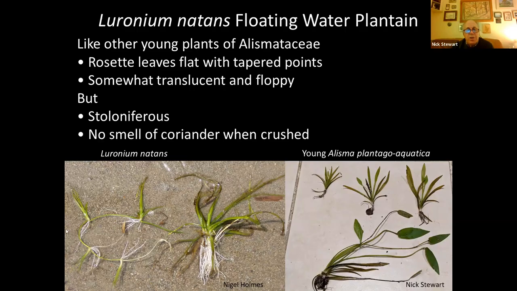It also produces these creeping stolons, and this has caused quite a lot of confusion. But a useful character is that if you crush the Baldellia, it smells quite strongly of coriander, which the floating water plantain Luronium doesn't do.